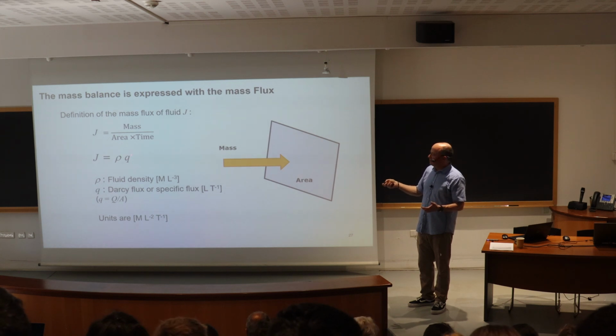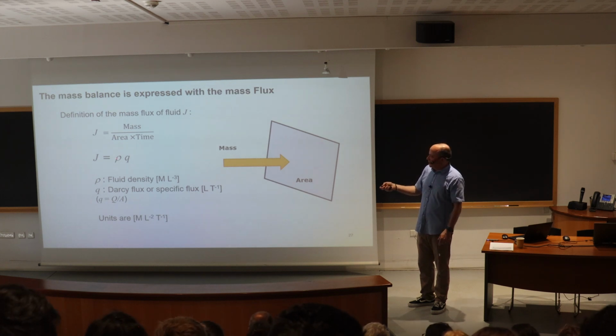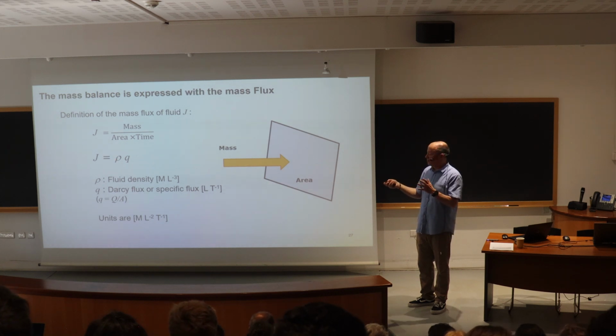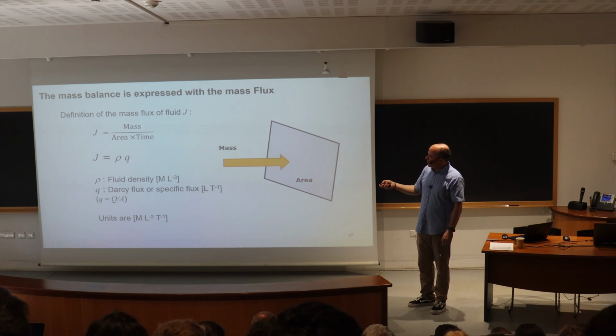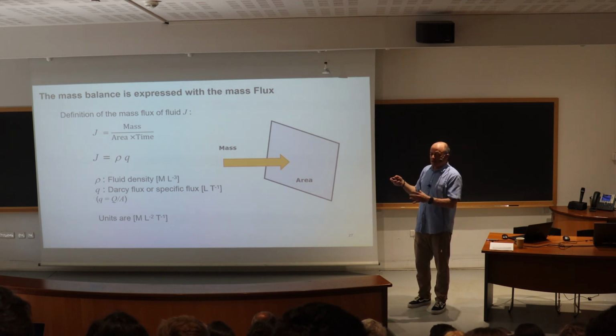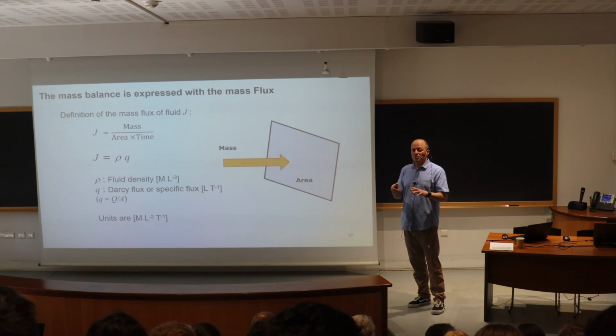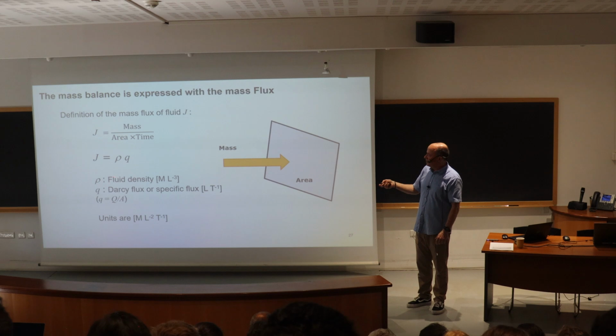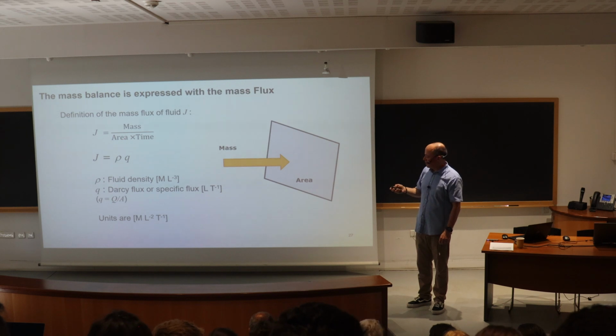It might be weird that you would multiply these two quantities and get the mass flux, but the fluid density is the mass of water over the total volume of the water, and the Darcy flux is the volume of water flowing across a unit area per unit time. So you end up with the mass of water flowing across a unit area per unit time.